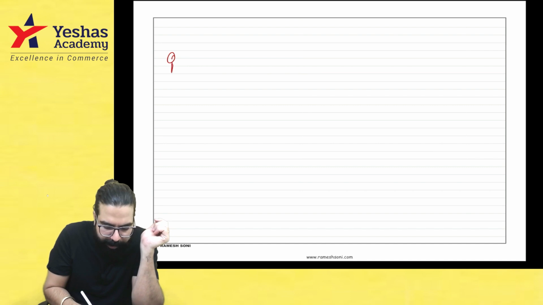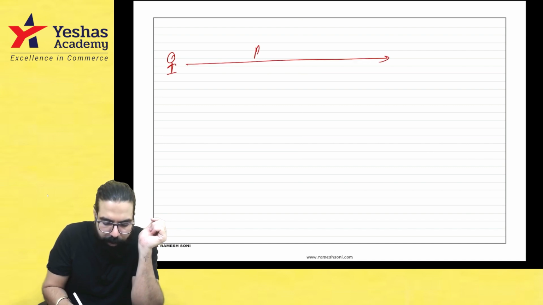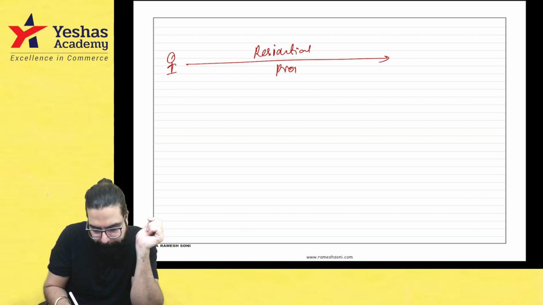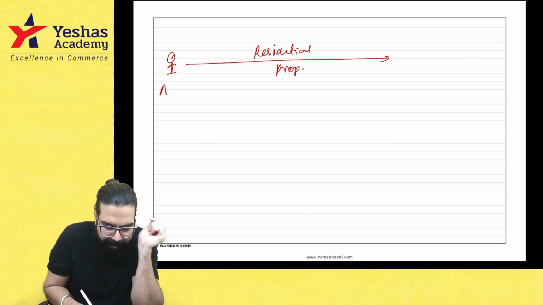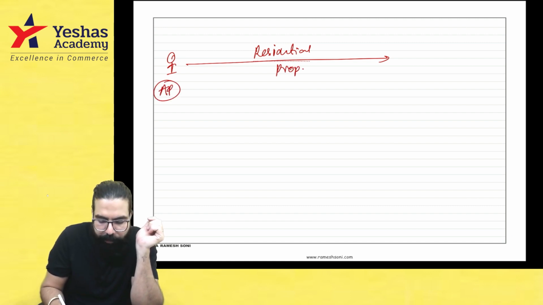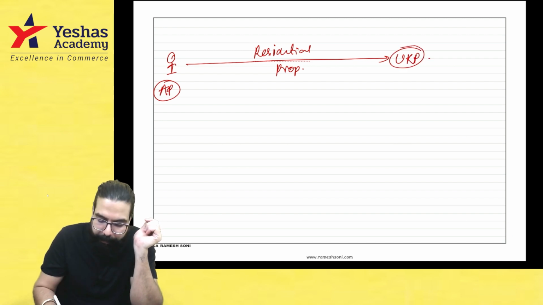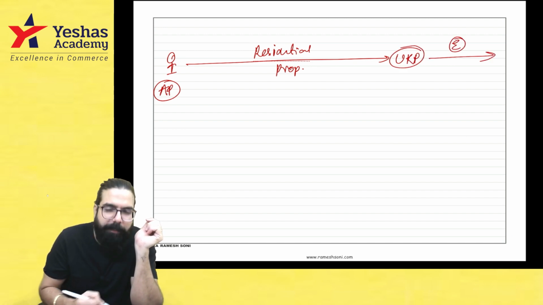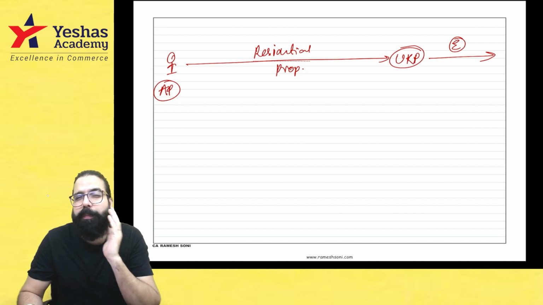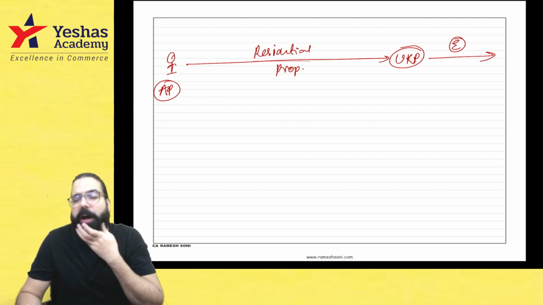If I am giving residential property to an unregistered person, the GST was exempted because it is residential. If it is given to a registered person, he pays GST under RCM.